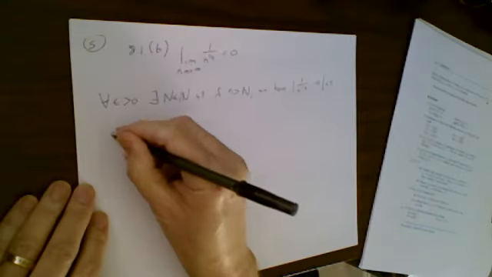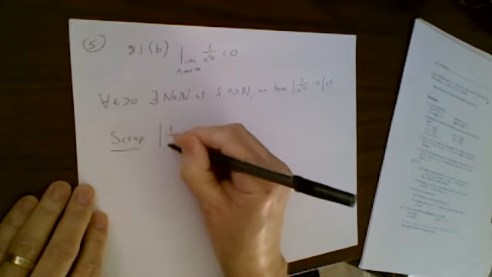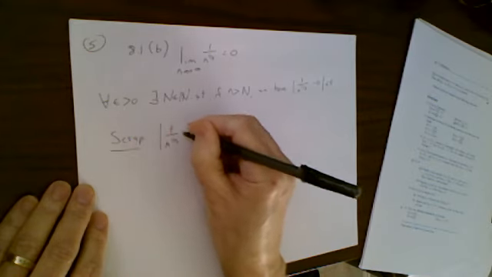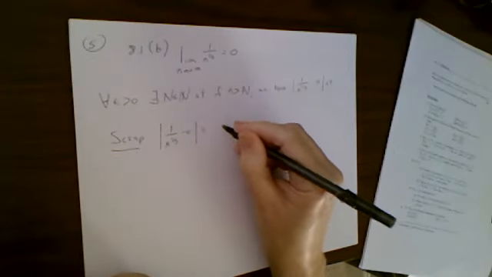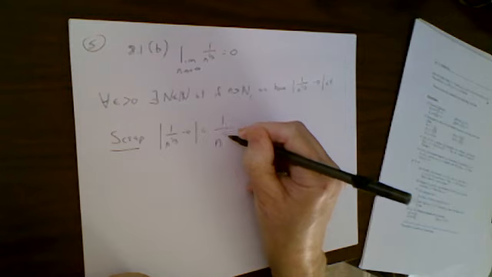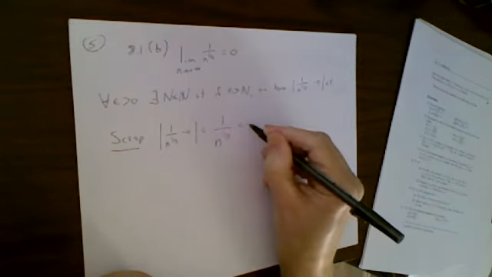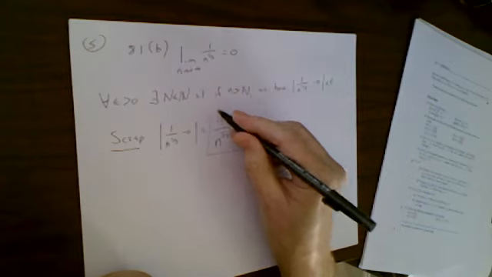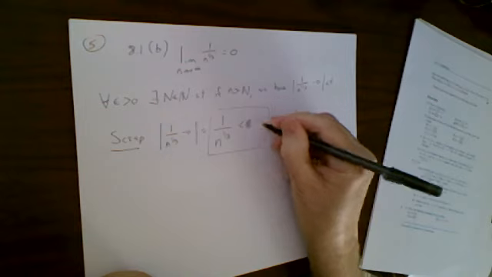Well, let's do some scrap work. If we look at 1 over n to the 1/3 minus 0, that's just 1 over n to the 1/3. Somehow, we want this to be less than epsilon. Or maybe I should put an extra step in.